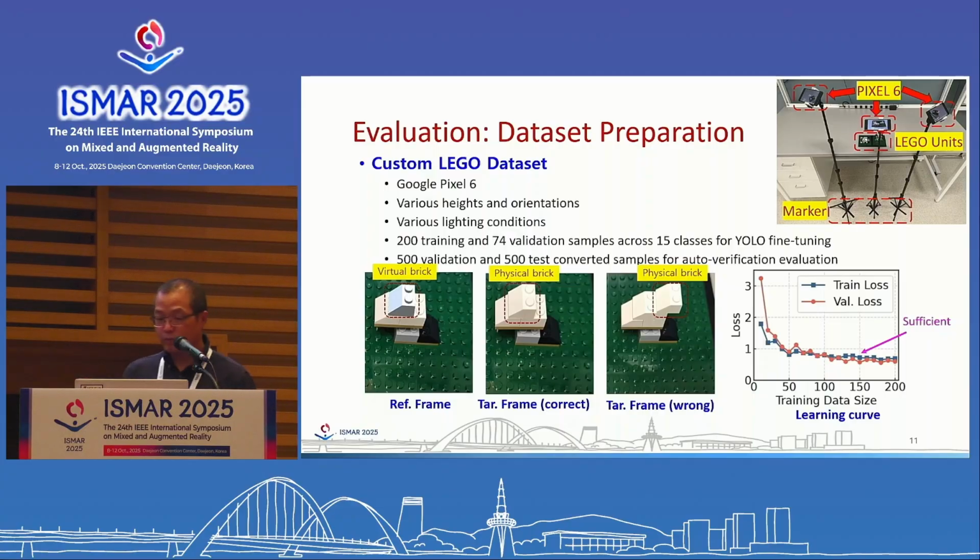To demonstrate that we collected enough data samples, we use a learning curve to make sure the amount of data is sufficient to fine-tune our YOLO model. I think you can see that about 150 samples is sufficient to fine-tune in this small application, and we collected more than 200 training samples.